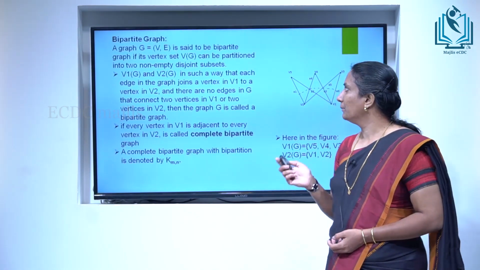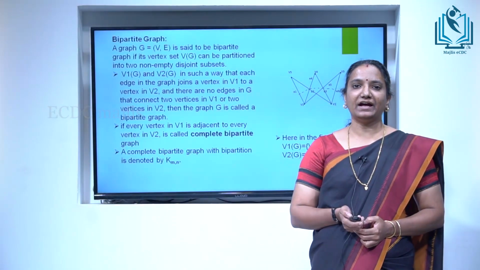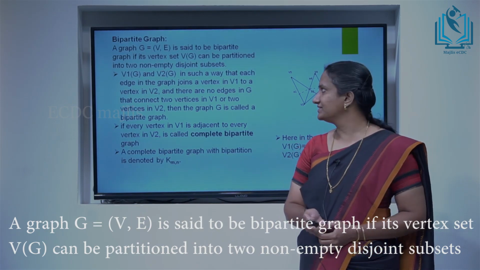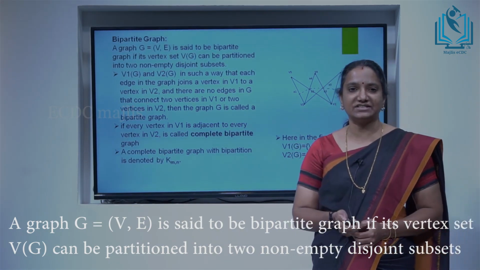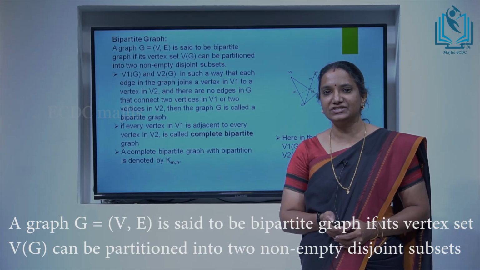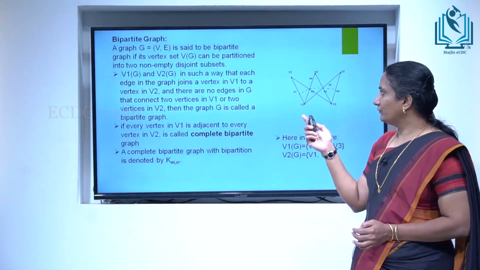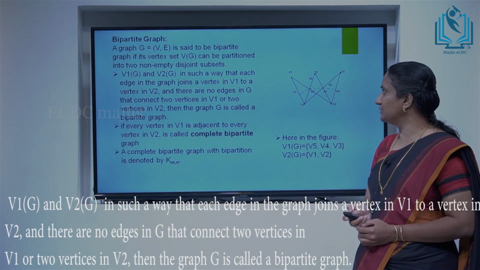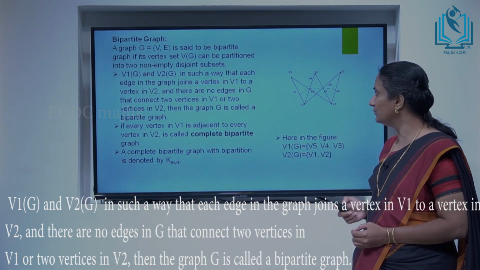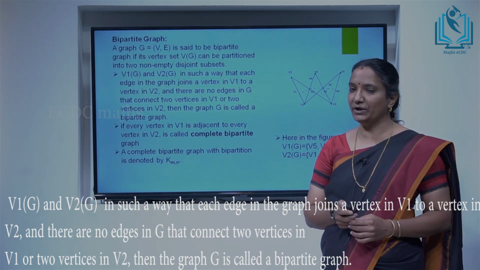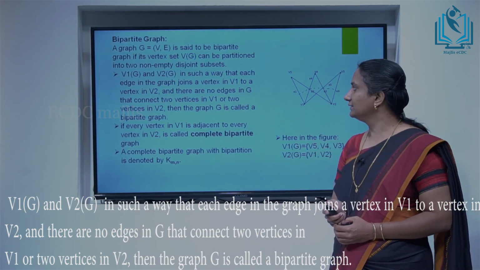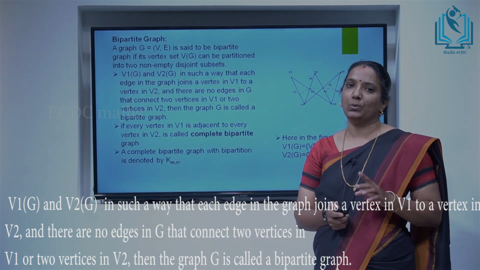Next, bipartite graph. A graph G equal to (V, E) is called a bipartite graph if its vertex set V of G can be partitioned into two sets V1 of G and V2 of G in such a way that each edge in the graph joins a vertex in V1 to a vertex in V2, and there are no edges in G that connect two vertices in V1.